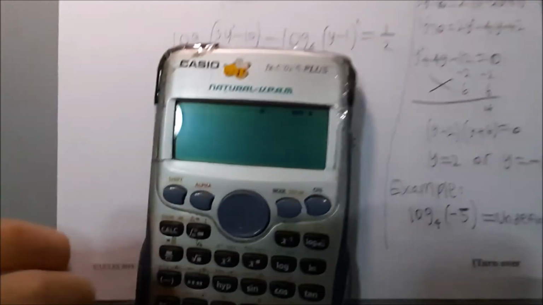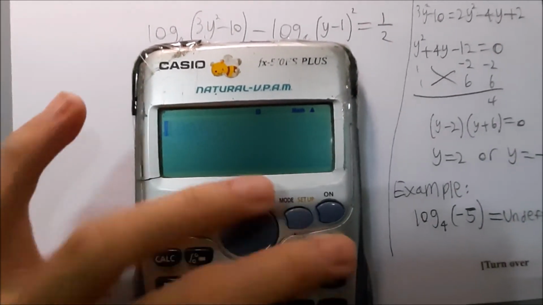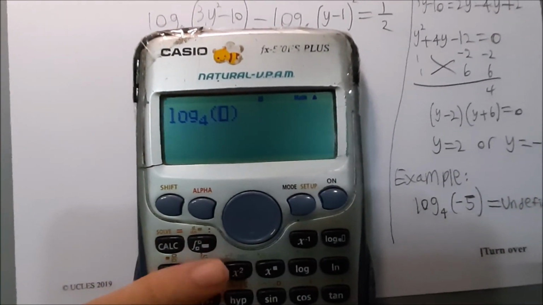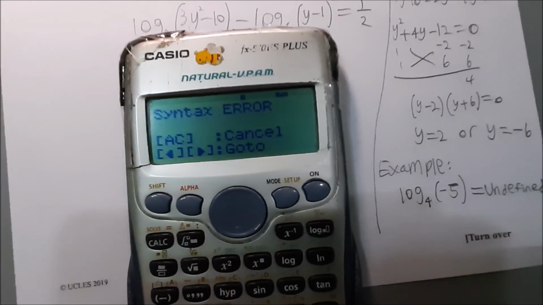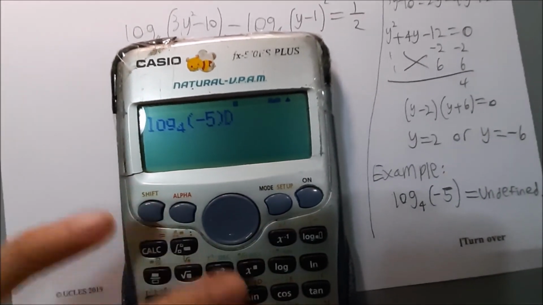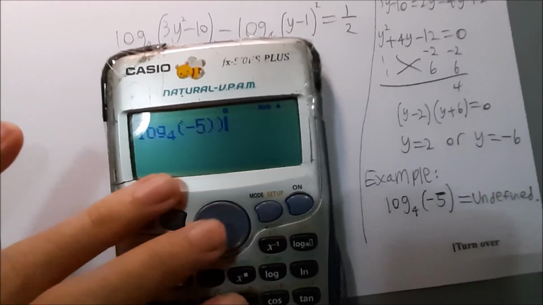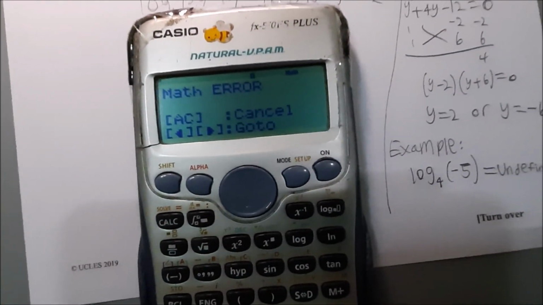So if I just type in here, I can show you that if you have log 4 to minus 5, it will say syntax error because of the bracket. But if I just get rid of the bracket like that, then it will become math error.